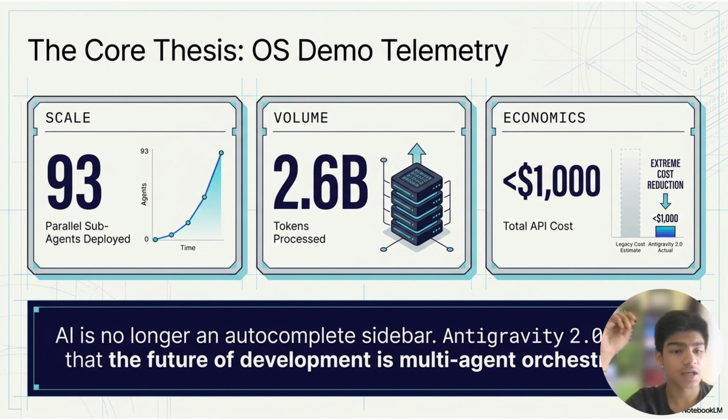So if we talk about the scale, 93 parallel sub-agents were deployed. For the sub-agents, first we have to talk about agents. Agents are something that provide real-time data. Take ChatGPT, for example, from OpenAI.